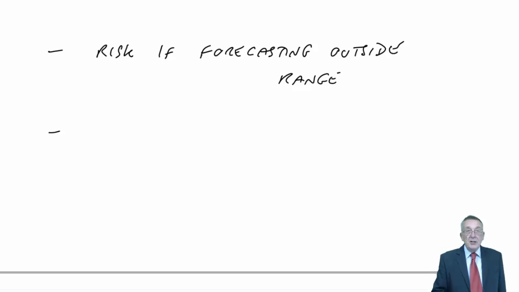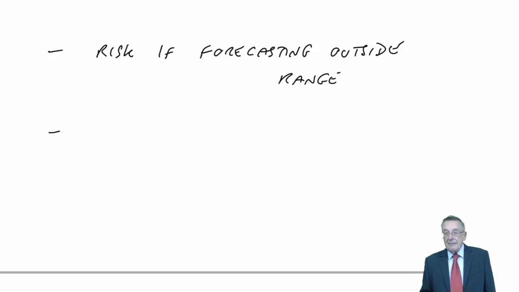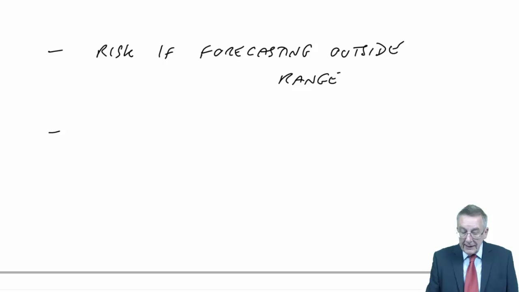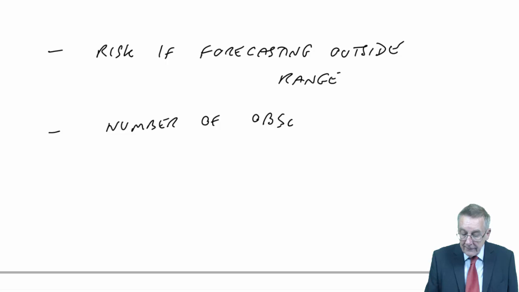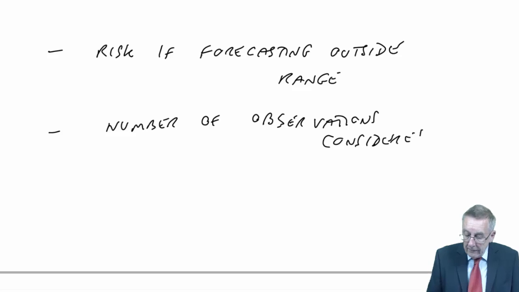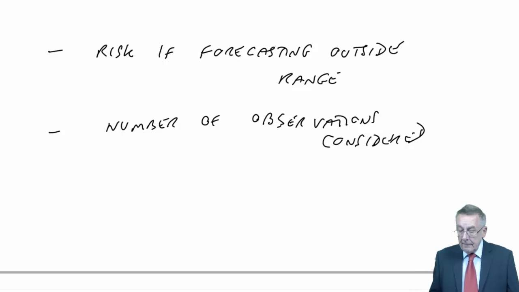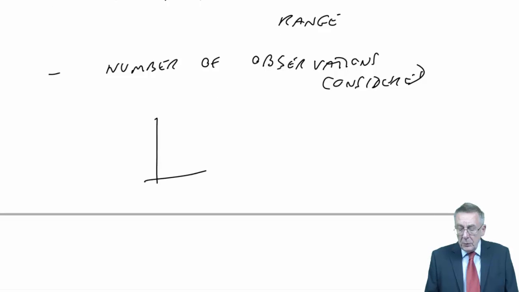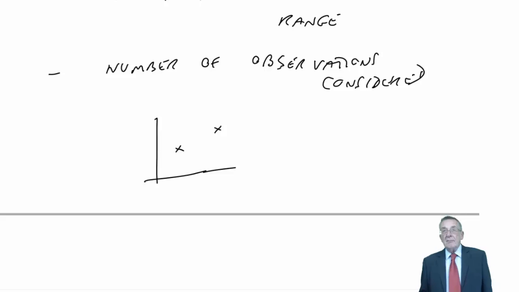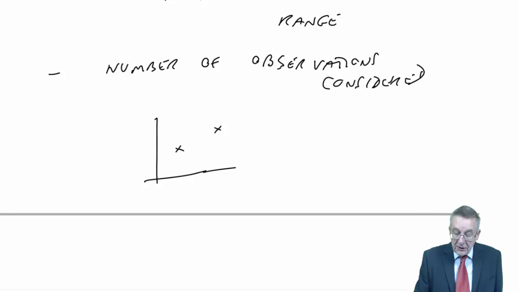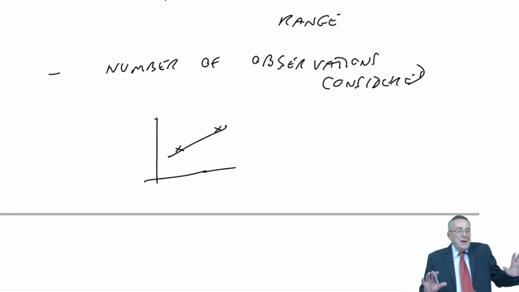A second danger is how many observations we've looked at. I'll write it down and then explain why. The number of observations considered. What I'm getting at here, you see, if we'd only looked at 2 observations, those lie exactly on a straight line. It's perfectly linear.